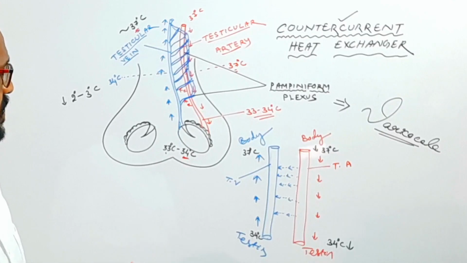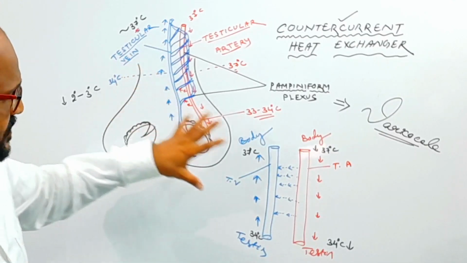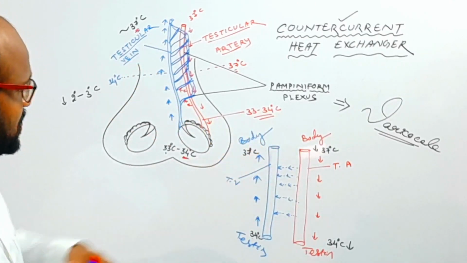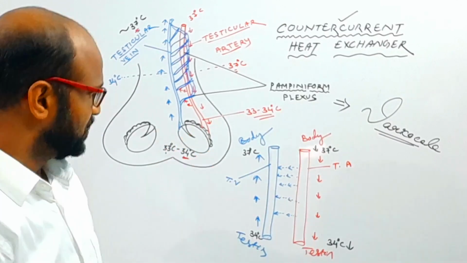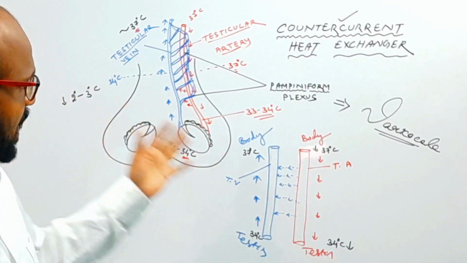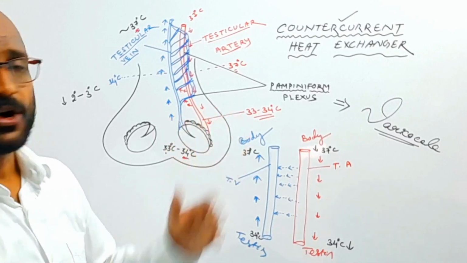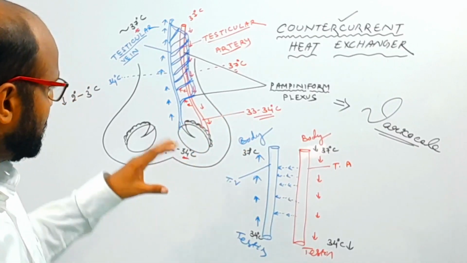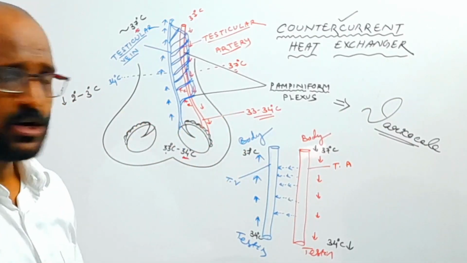So this is the arrangement, and this is the mechanism by which it regulates the temperature. This is the whole arrangement and function of the counter current heat exchanger, and it regulates the temperature inside the scrotum.